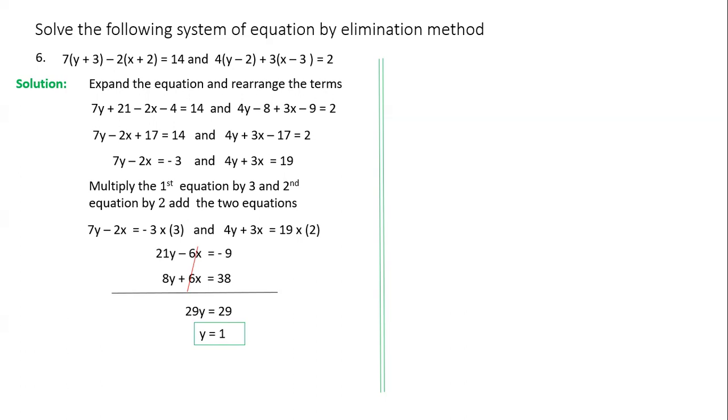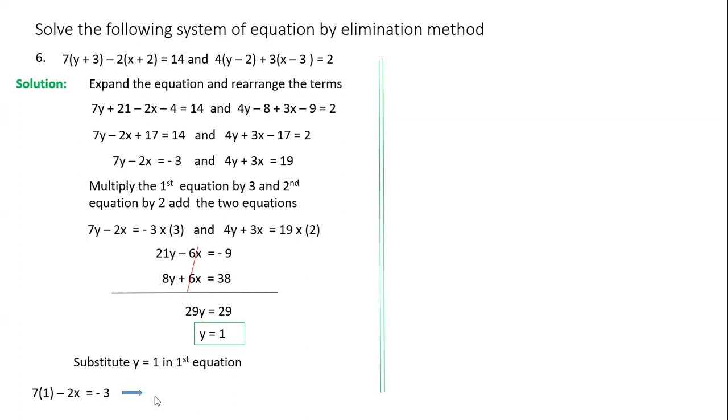Put y is equal to 1 in the first equation. I'm putting it in this simplified equation, which we have already simplified. So 7 into y, 1. So 7 into 1 minus 2x is equal to minus 3.